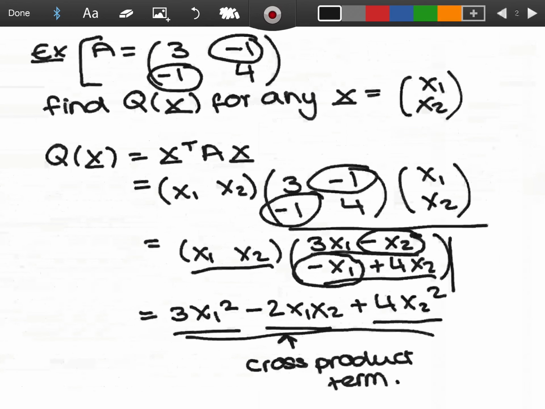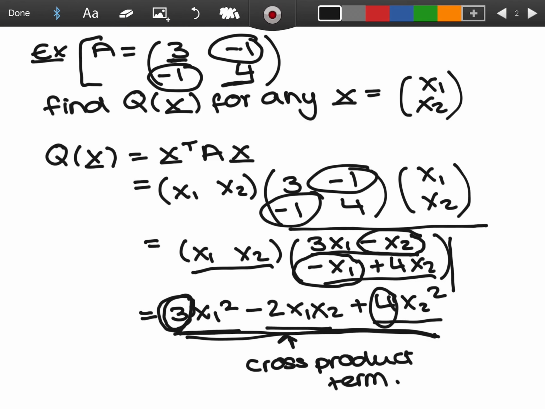What you will notice when you look at this equation here is that each coefficient in front of an xi squared term was just my diagonal entry. So my first diagonal entry was the coefficient of x1 squared. My second diagonal entry was the coefficient of x2 squared.